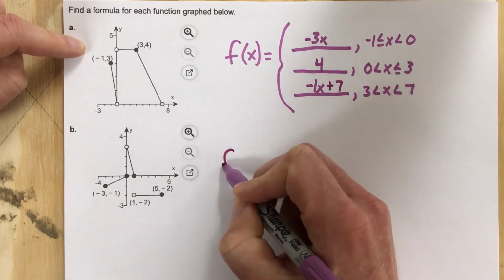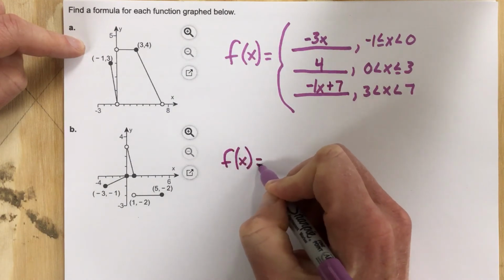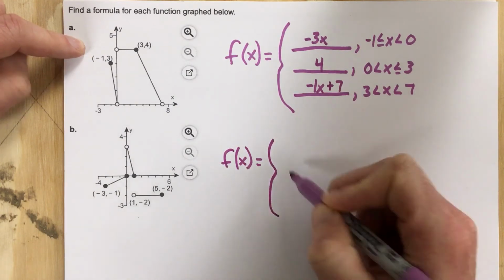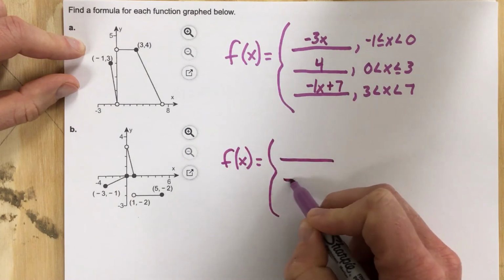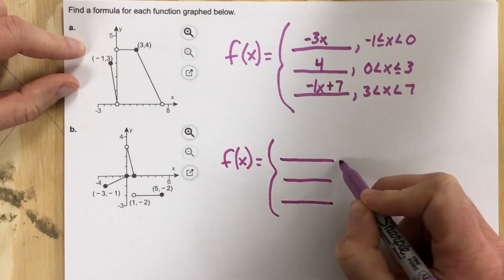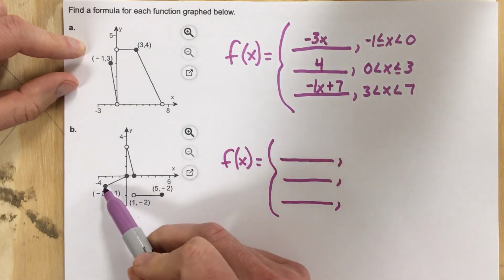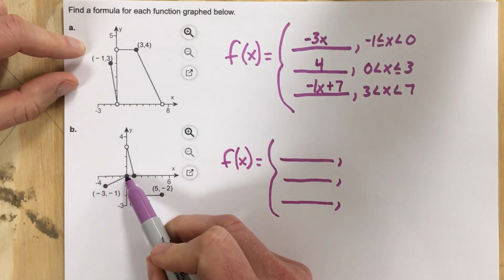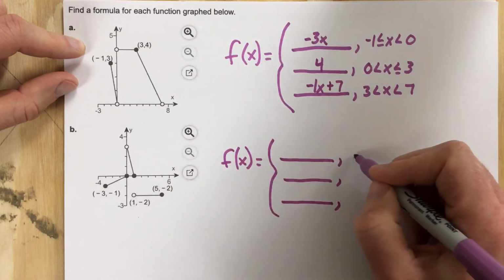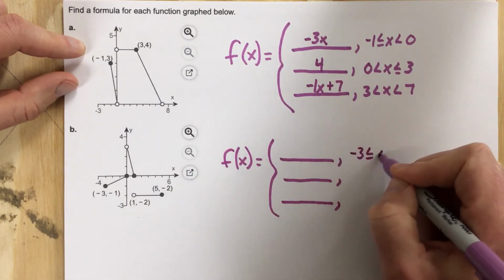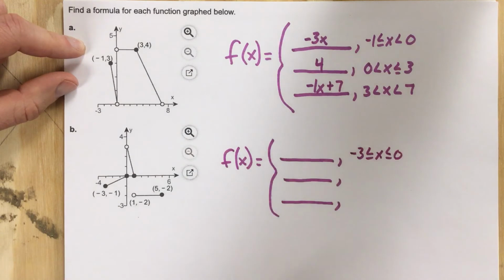Now for the second one, we do the exact same thing. We write the 3 pieces, or 3 chunks here, and we find the domains of each. So for the first one, its domain goes from -3 to 0, and it includes both. So -3 less than or equal to x less than or equal to 0.